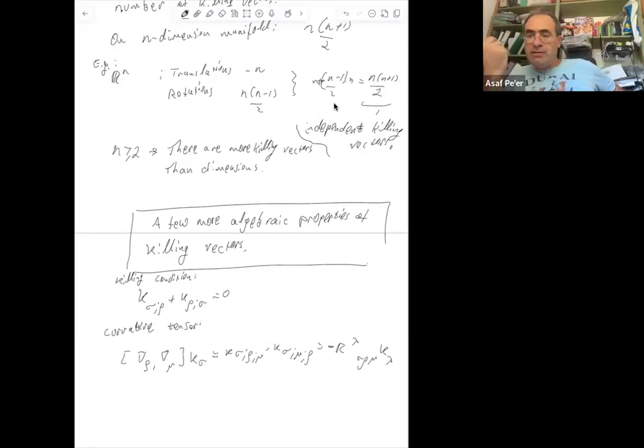We derived this. This is not true only for Killing vectors. This is true for any vector, from the definition of the curvature tensor.